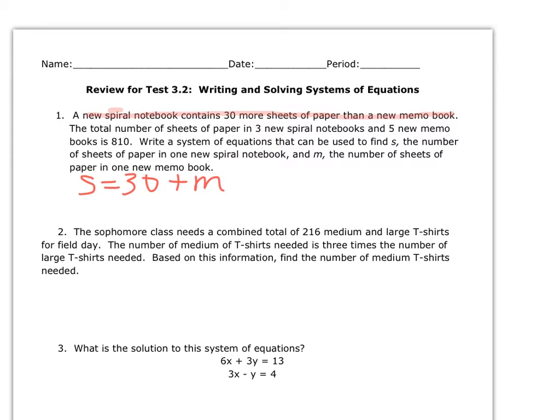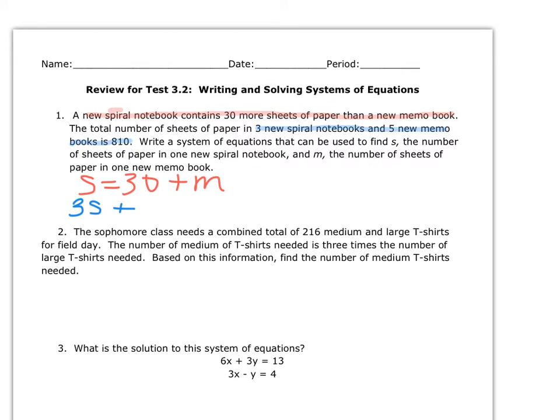All right. Then it says 3 new spirals and 5 new memo books contain 810 pages. So if I say 3 times S, that's the total number of pages in 3 spirals, right?